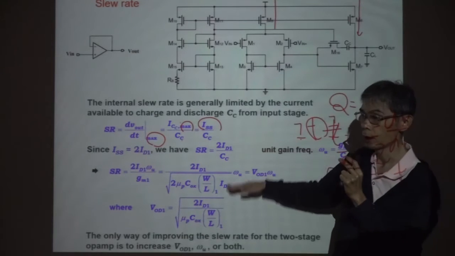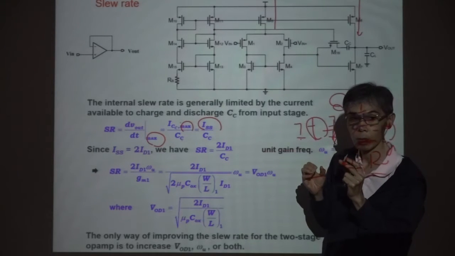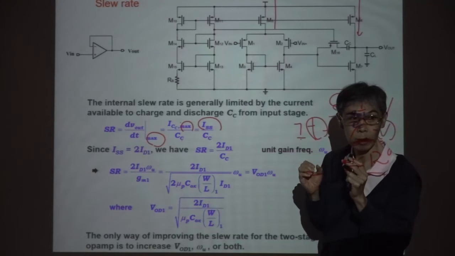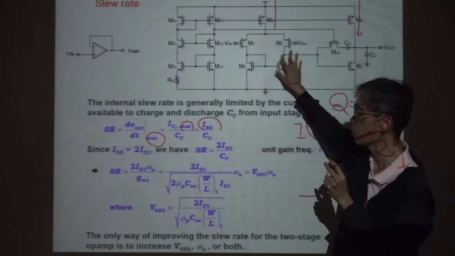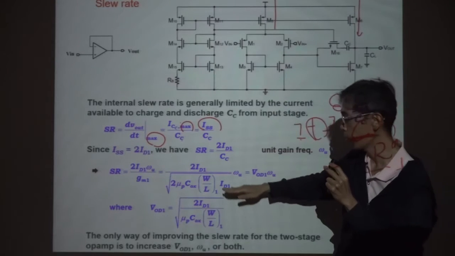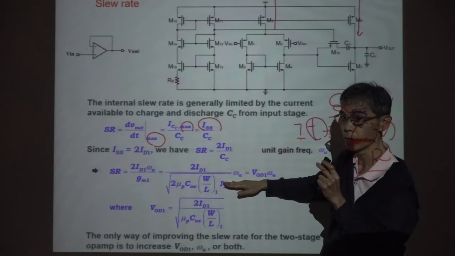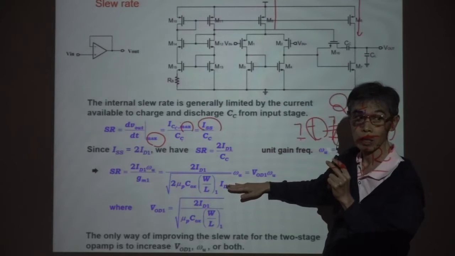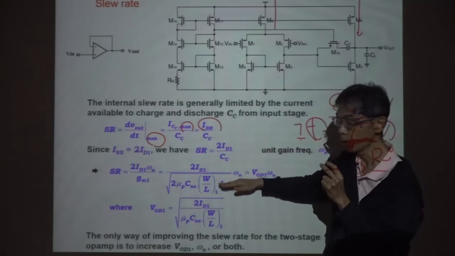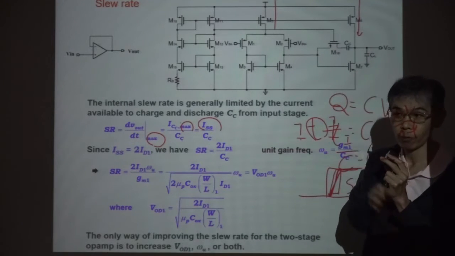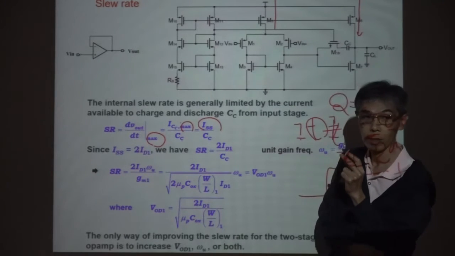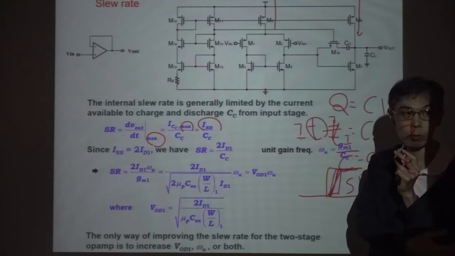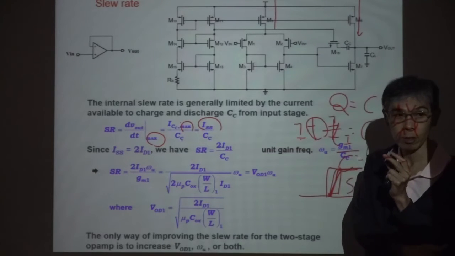All these equations are based on approximations. So you need to understand how to make approximations of your circuit in order to get the simple equations to help you design your circuit. So this is why these equations are important. For your own circuit, you also need to derive some simple equations to help you play with your design.